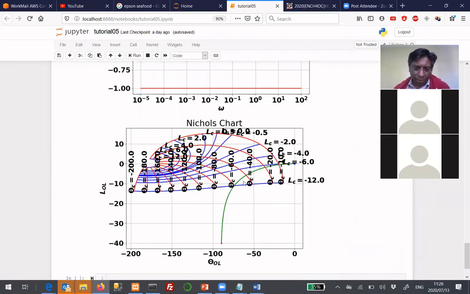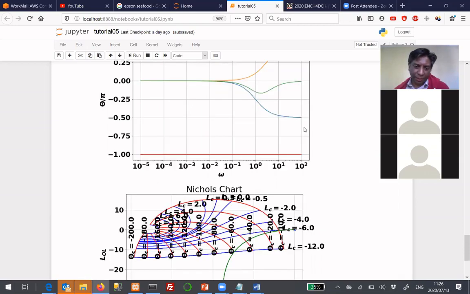Now we've plotted our function here, and we can think about how this function is going to move around in relation to that point. So as we, for example, change the proportional constant or the integral constant and so on, this overall function is going to shift and move around, and it might take us closer to this region. So that's what we are eventually going to use the Nichols chart for.